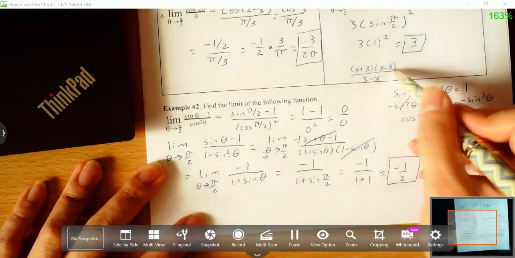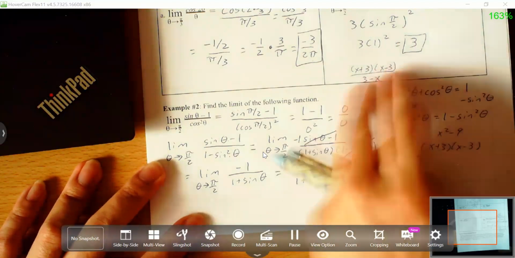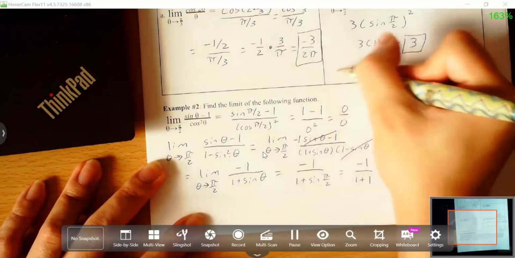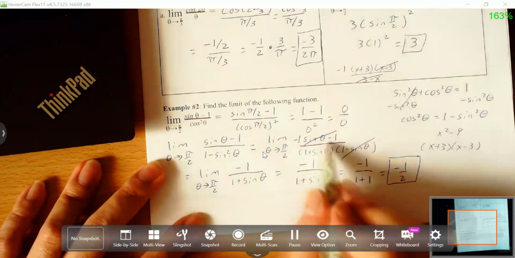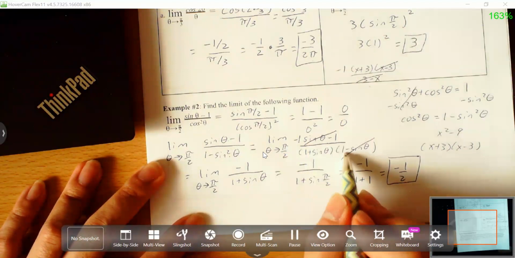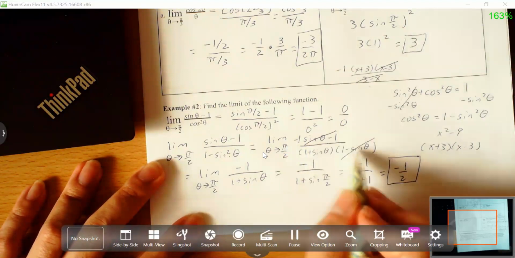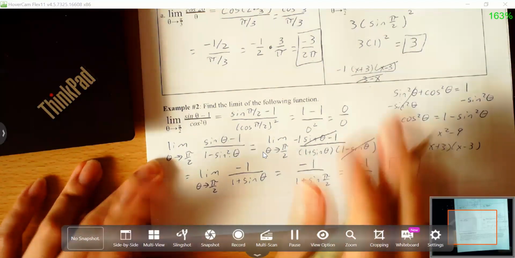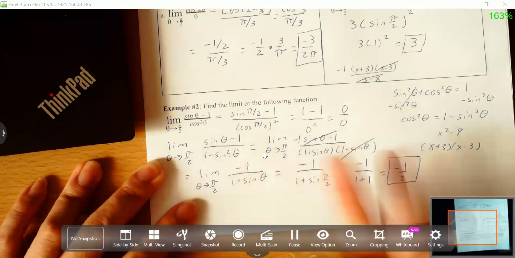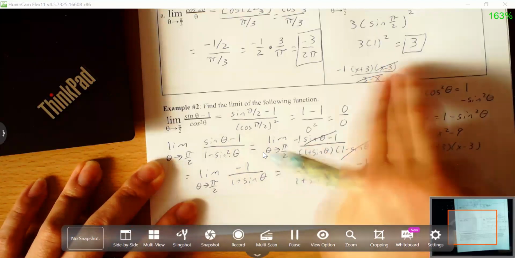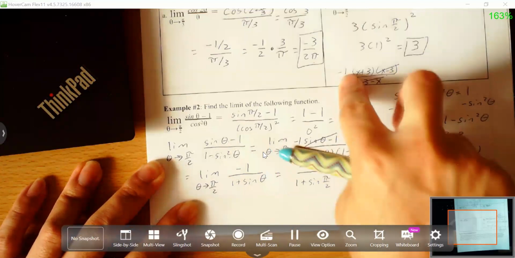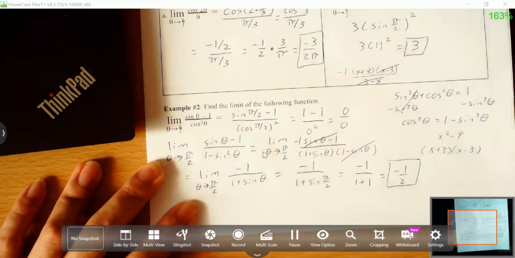They're not the same thing, but they're subtracting and they're opposites. So you can cancel this, but you just have to put a -1 here. So if you see here, the top is sine theta minus 1, and the bottom is 1 minus sine theta. They're kind of like the same thing, except the first and the last thing are switched, right? So same thing happens here, x minus 3 and 3 minus x. You can still cancel those, but you just have to put the -1 out in the front, okay?